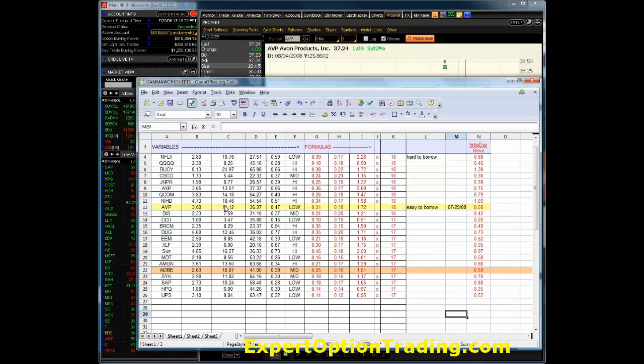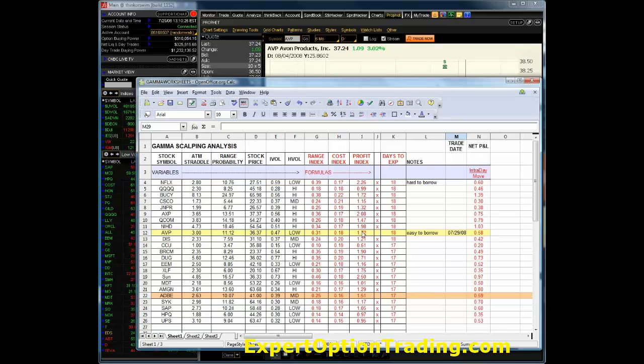However, take a look at the range here on AVP, and one of the reasons why it became one of our top picks. The range was 11.12 on the day that we did this, with an intraday move of approximately 58 cents, which was somewhat on the high end of the stocks that we had looked at. There were a couple others that were higher, but they also had higher volatility.